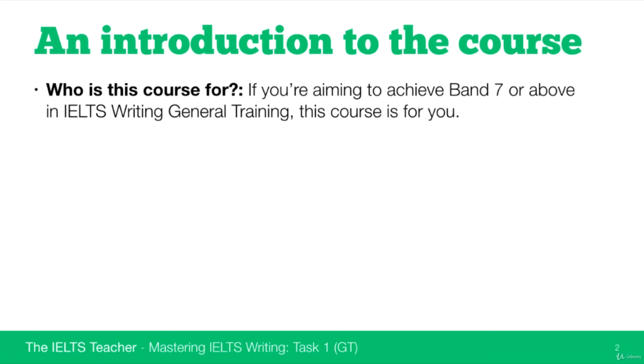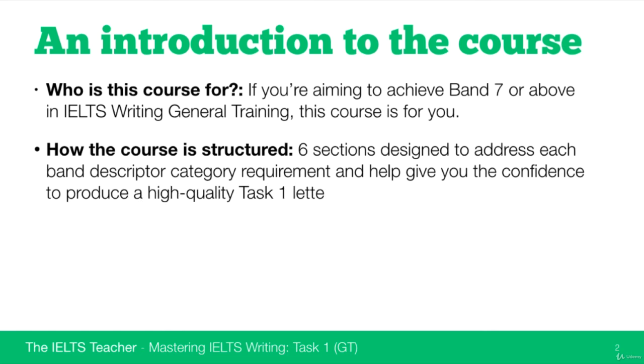Considering how the course is structured, it is divided into 6 sections designed to address each band descriptor category requirement, we'll talk about that later, and to help give you the confidence to produce a high quality Task 1 letter using various strategies and techniques and vocabulary.